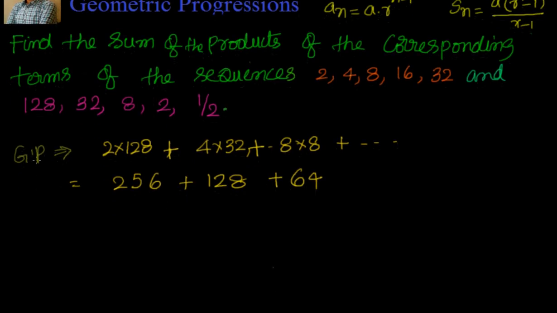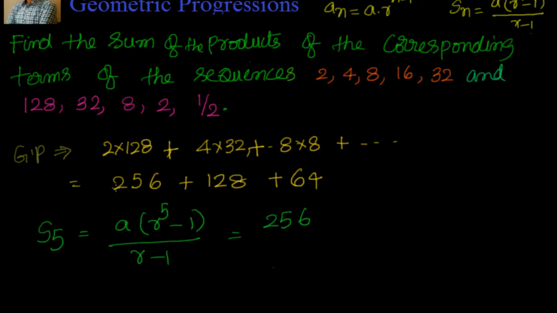Now we know this is a geometric progression. We know the formula. We have to find the sum of products. How many terms are there? 5. So I will say directly S5 equals a into r to the power of 5 minus 1 by r minus 1. a is nothing but 256 here, in the geometric progression we got when we multiplied the corresponding terms.